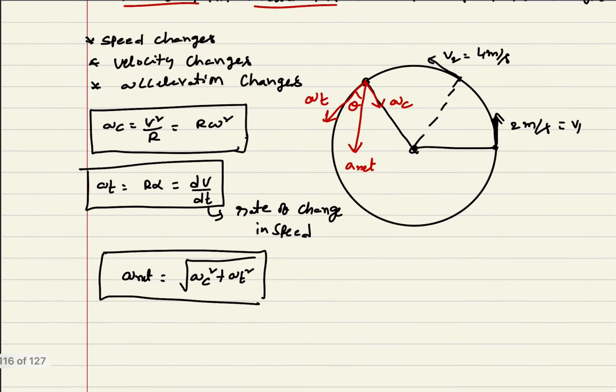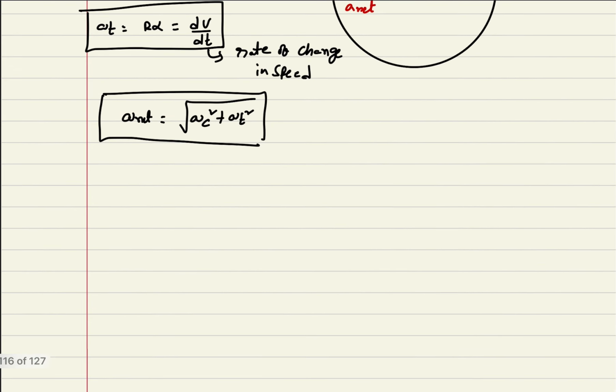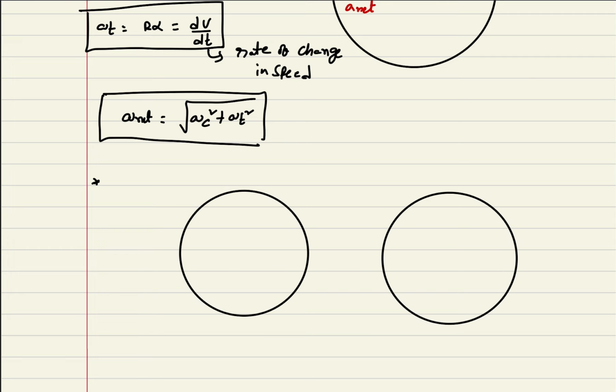Here two things we can observe. Whenever a particle is moving in a circular motion, let us consider the speed increases. In that case, tangential acceleration and velocity are in the same direction.